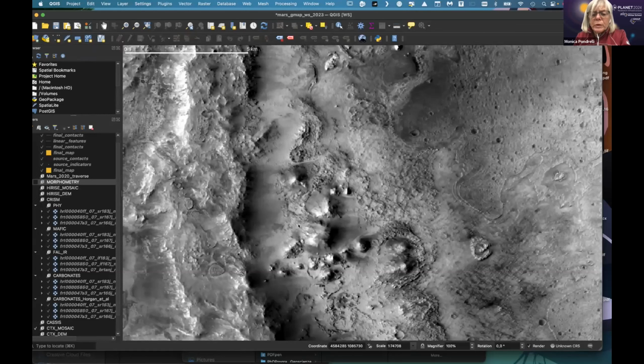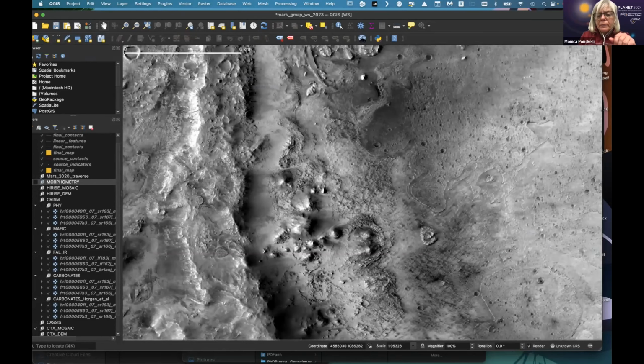These should be distinguished, and they are probably still part of the, let's call it basement, which forms the crater rim. If I'm not clear, please tell me.